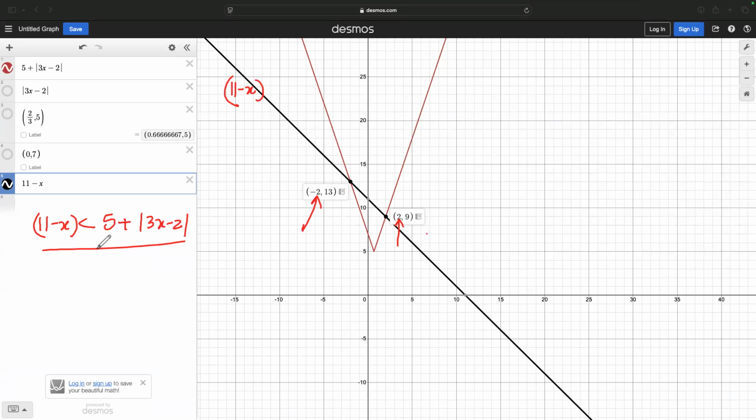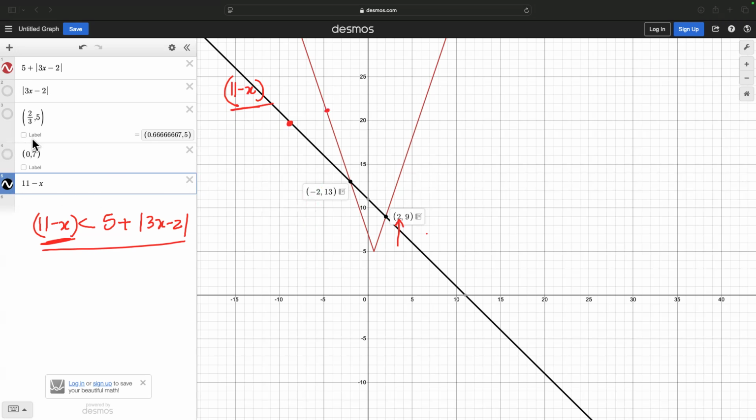For 11 minus x to be less than 5 plus mod of 3x minus 2, you're only going to look at the values of x for which the black straight line is below the red thing. Look at this value of x, negative 2.